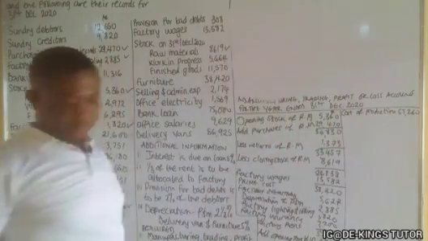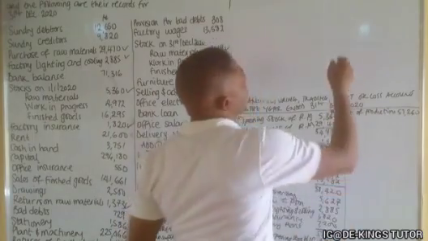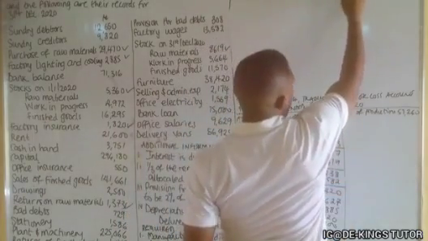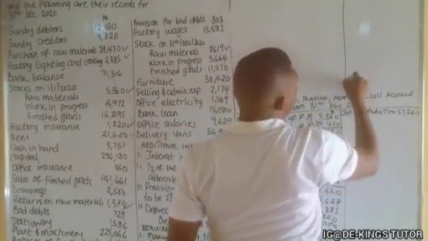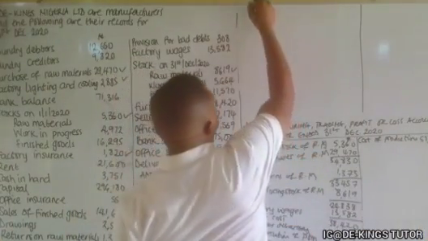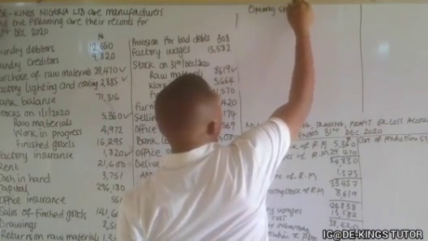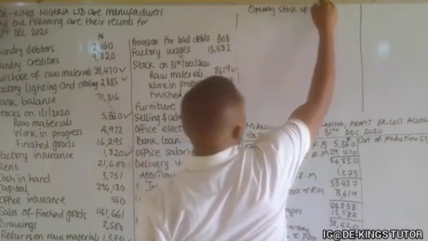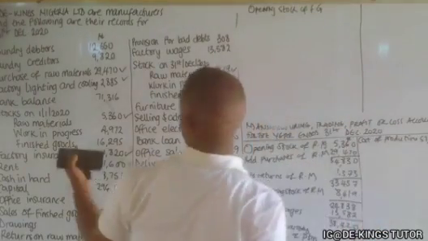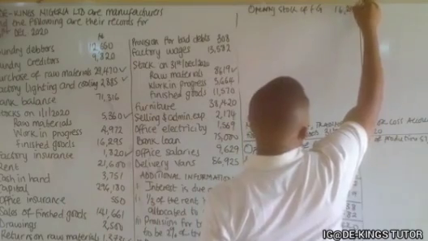Okay, so continuation, for the finished goods, we have opening stock of finished goods. So we have it here, 16,295.